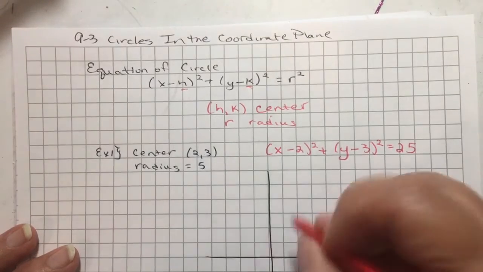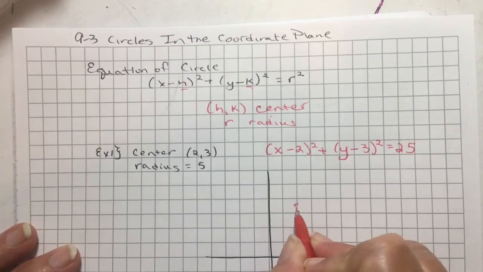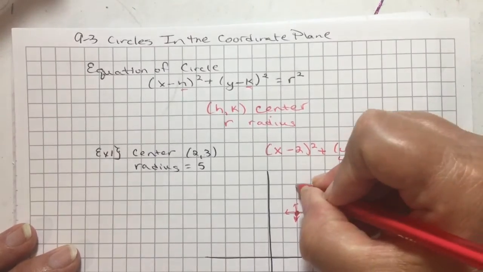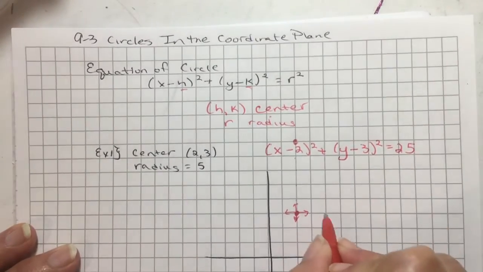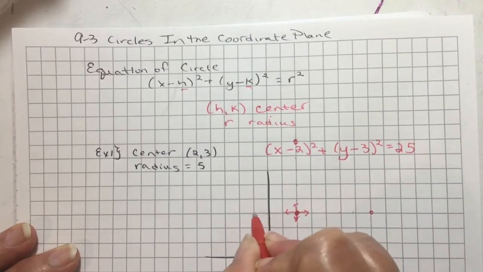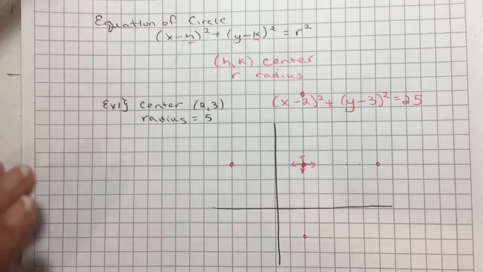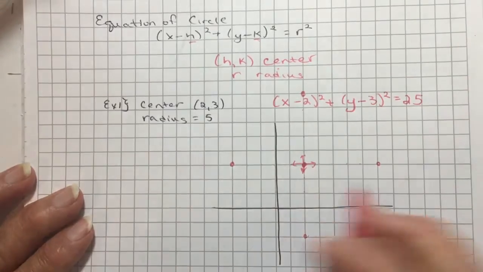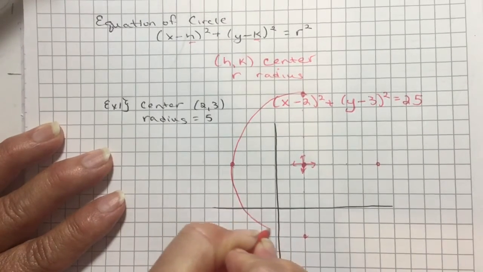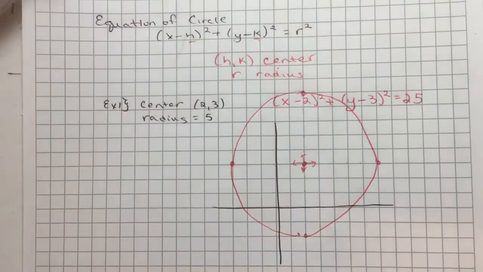Putting my center on (2, 3), and I need a radius of 5, and I'm going to do all 4 north, south, east, west direction radii. 1, 2, 3, 4, 5. Now, if I really wanted to be accurate, I could use a compass and open it this direction. But for the purpose of what we're doing, I'm just going to eyeball it, and it's probably going to look a little bit squished. But you'll get something like that.